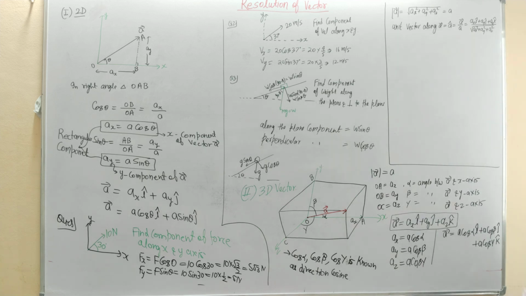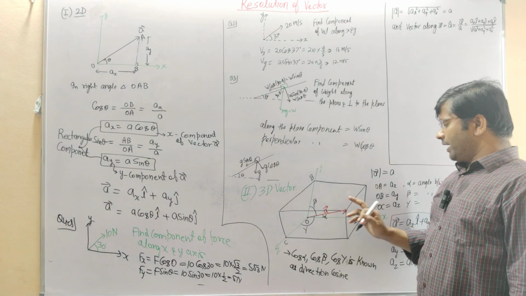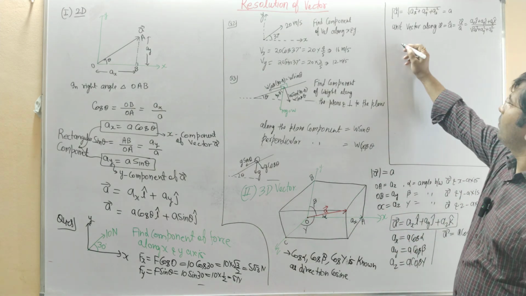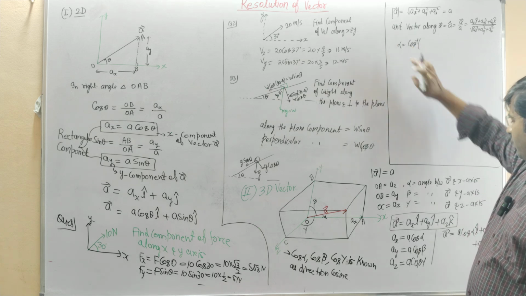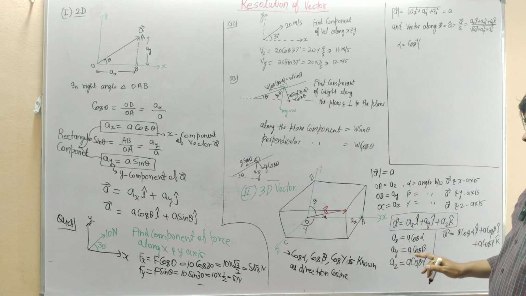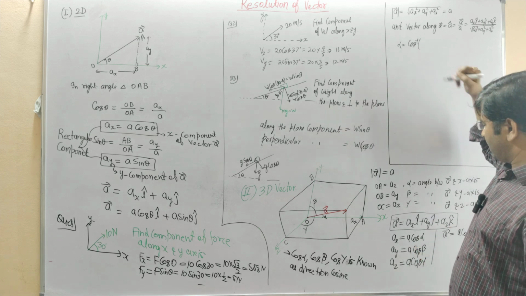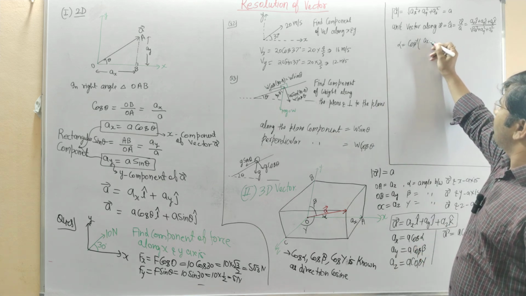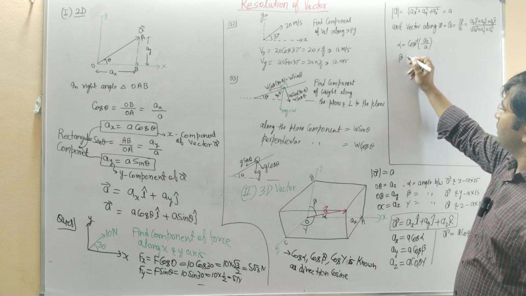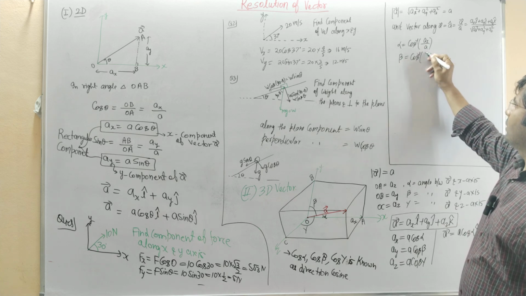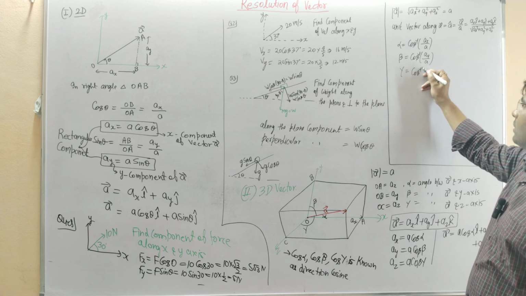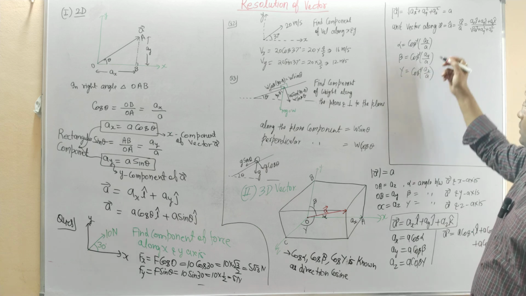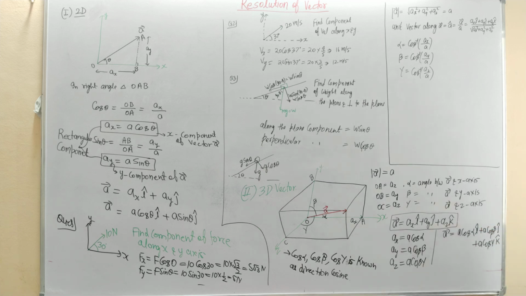Now sometimes you will see that they ask what is the angle between vector A and the x axis, that means they will ask for alpha. If you want to calculate alpha, see exactly, cos alpha is AX upon A, so alpha equals cos inverse of AX upon A. Similarly beta equals cos inverse of AY upon A, and gamma equals cos inverse of AZ upon A. So this is how we will calculate the angles.